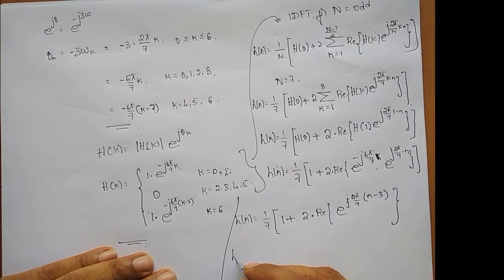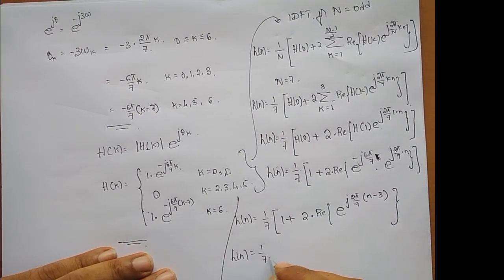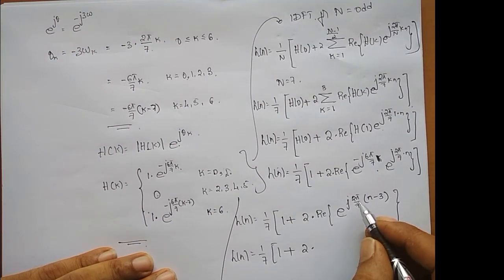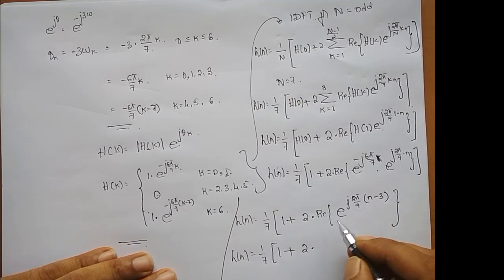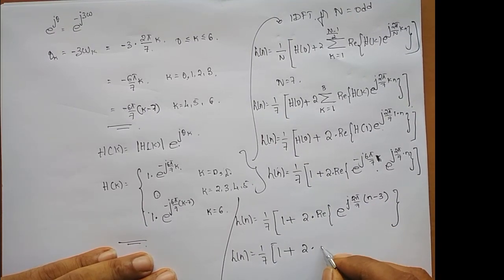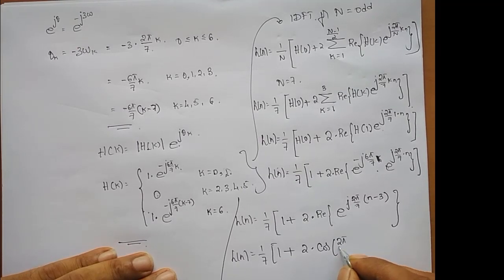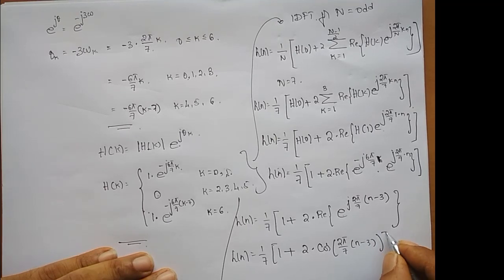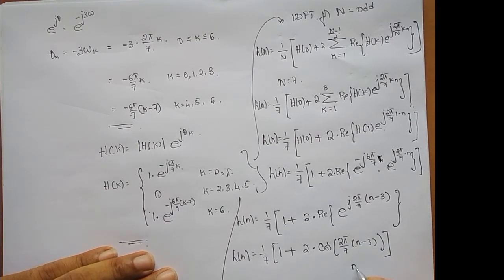Okay, so h of n is equal to 1 by 7 times 1 plus 2 into, what is this, cos theta plus j sin theta. Since I want only the real part, it is the cos part, so it is cos of 2 pi by 7 into n minus 3. And how many n values does it take?